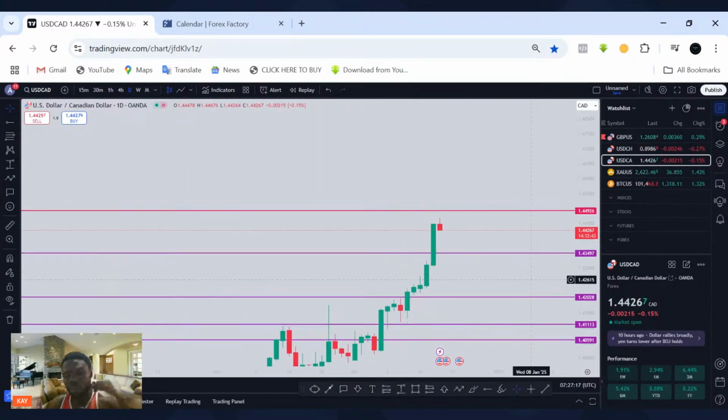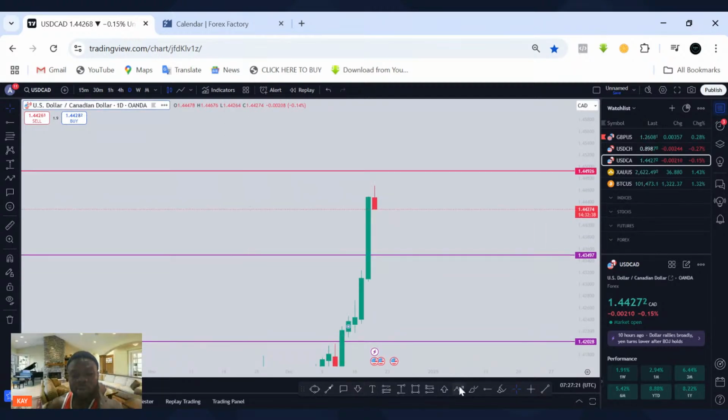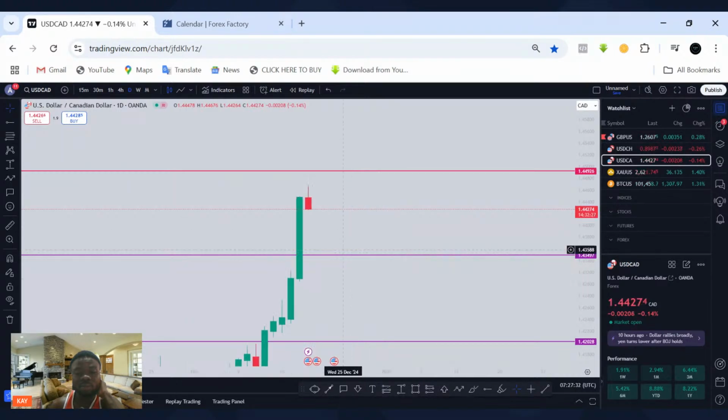If price is coming down, this is the key level or area of interest. This is the level that price will sometimes get rejected over here and it will continue up. You get it?